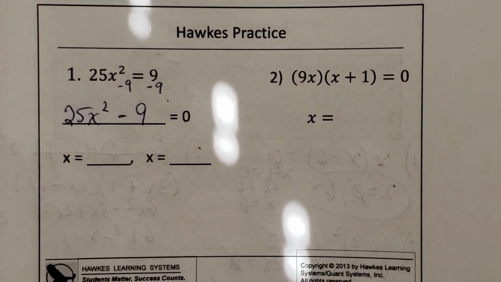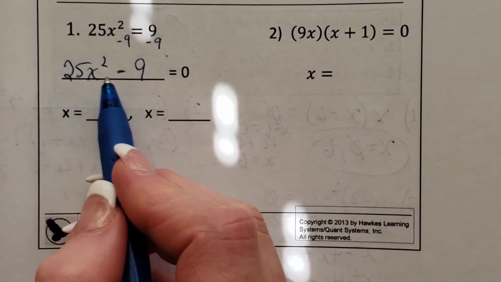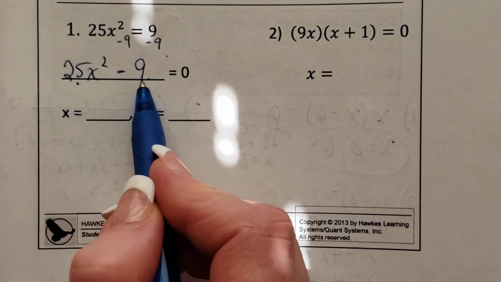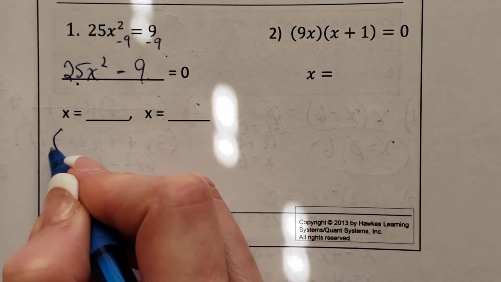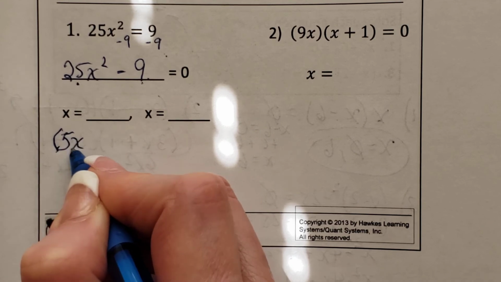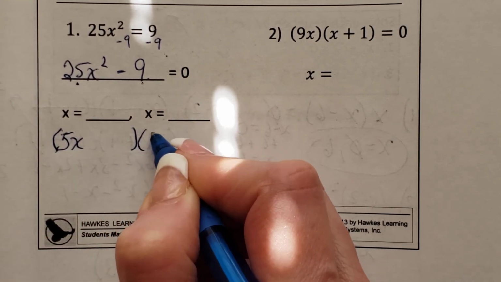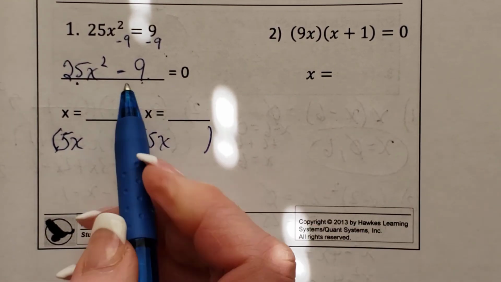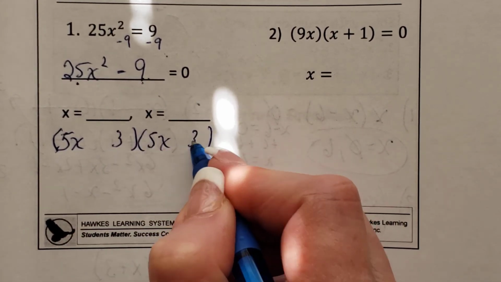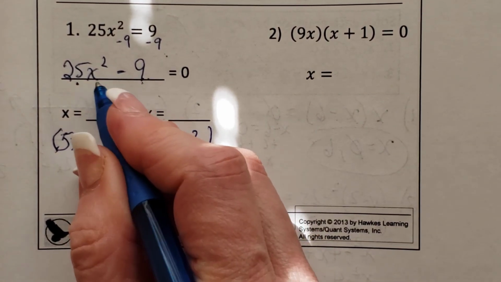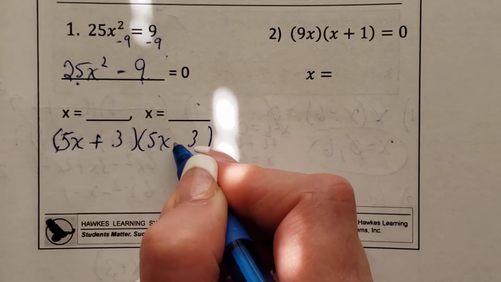Now this is the difference of two perfect squares. The square root of 25x squared is 5x. The square root of 9 is 3. And remember, when it's a difference of two perfect squares, one gets a plus and one gets a minus.